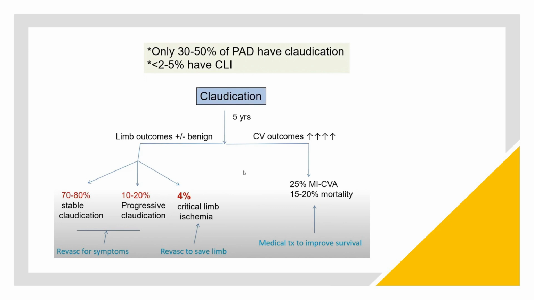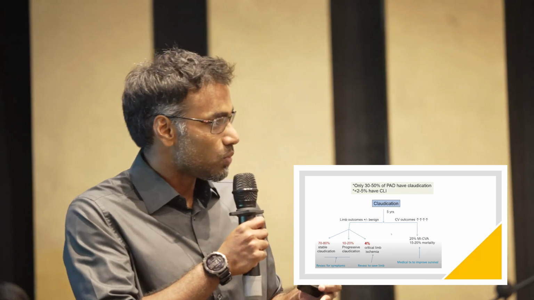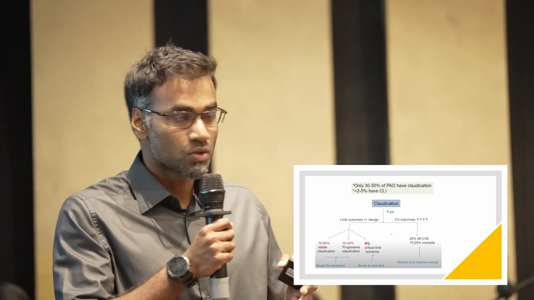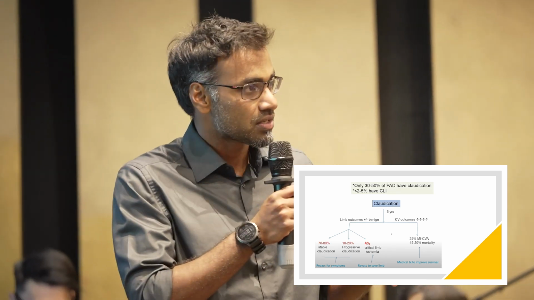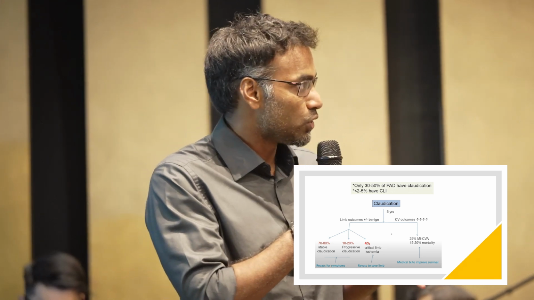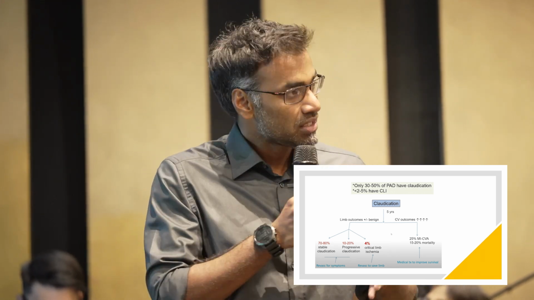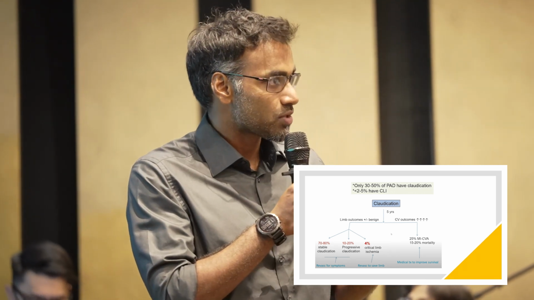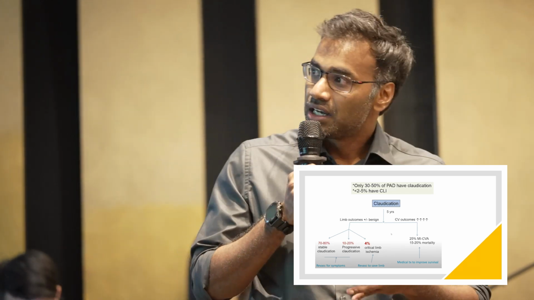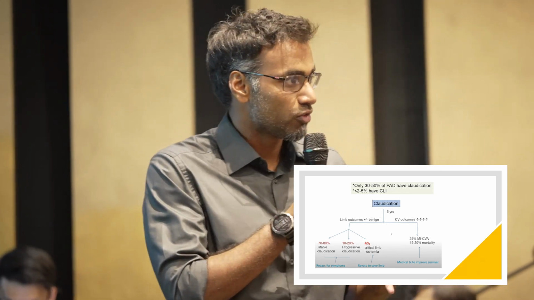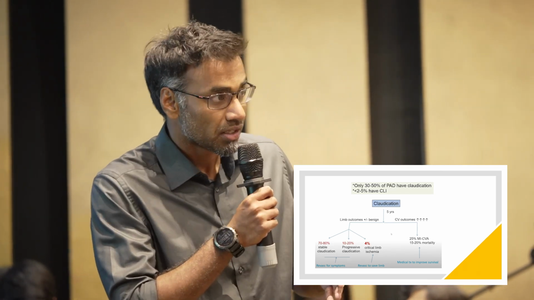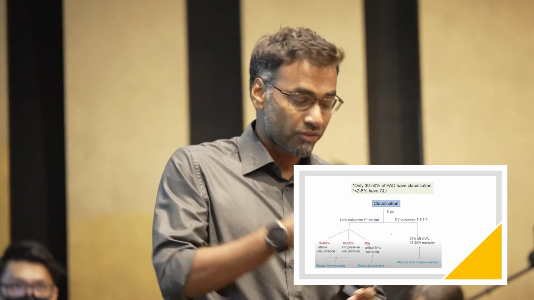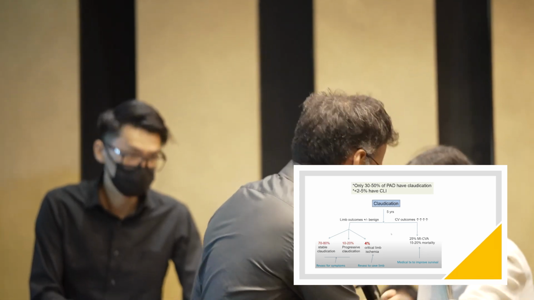Now, if you look at this, as Dr. Liu had also mentioned previously, the limb prognosis for a patient with intermittent claudication is very good. So in the next 5 years, 80% of them would not have much symptoms. Only 10 to 20% of them may progress to worsening symptoms, and about 2 to 5% of them may develop critical limb ischemia.